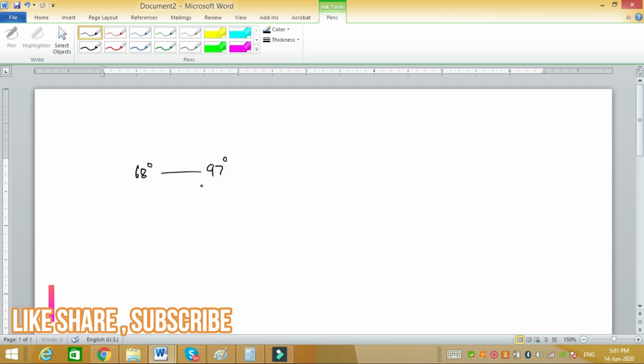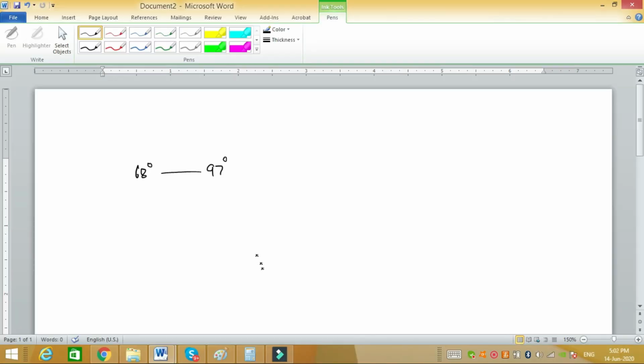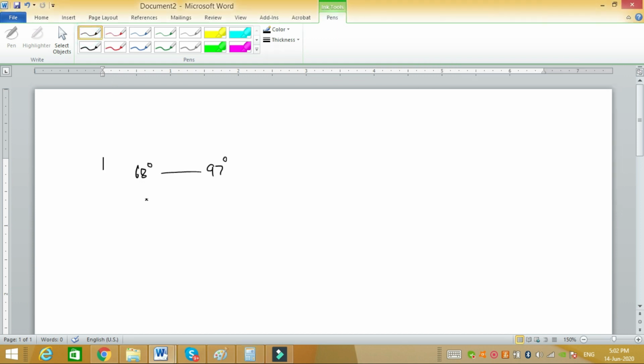If we take the mean of these two, because these are the extreme ends of India, we get 68 plus 97, which gives you 165, and when you divide it by 2, that gives you 82.5 degrees. But the actual standard meridian shown in the book is 82 degrees 30 minutes. Now I'll show you how this value comes.